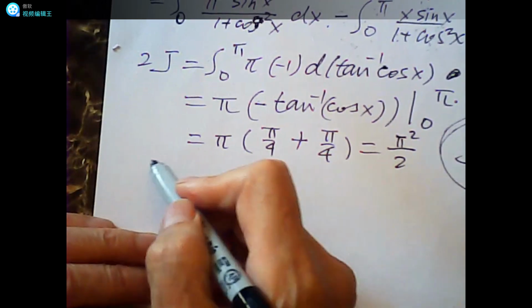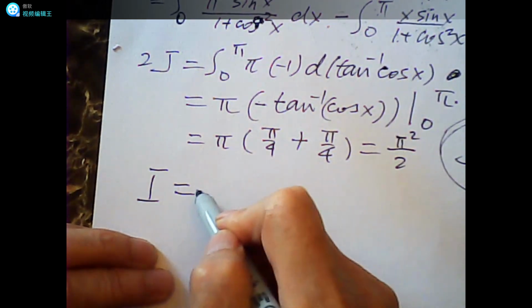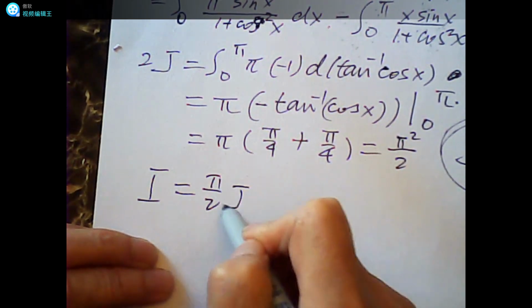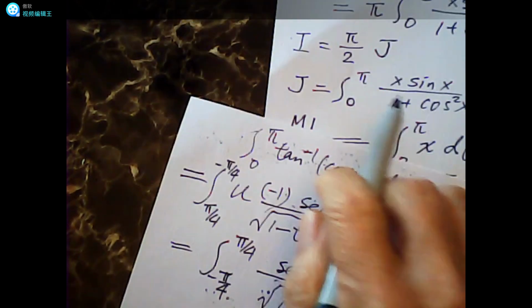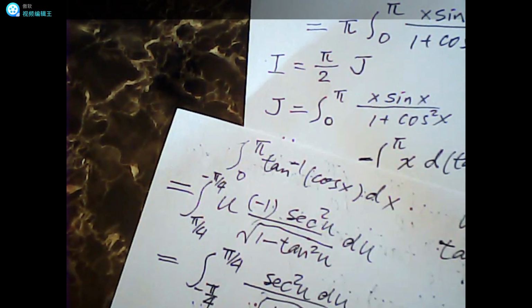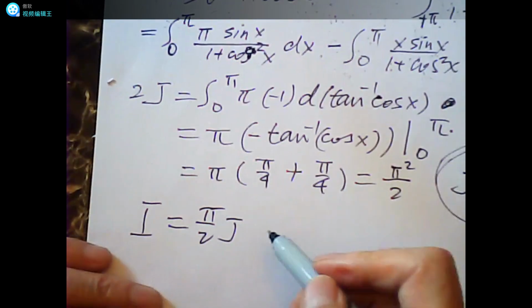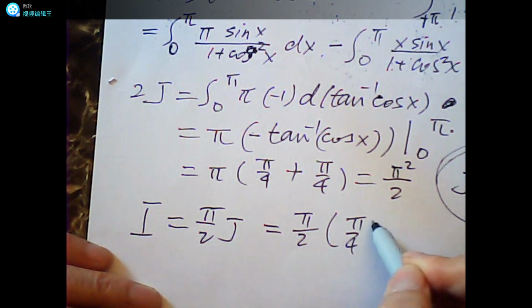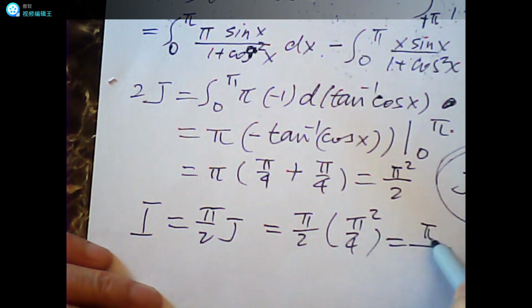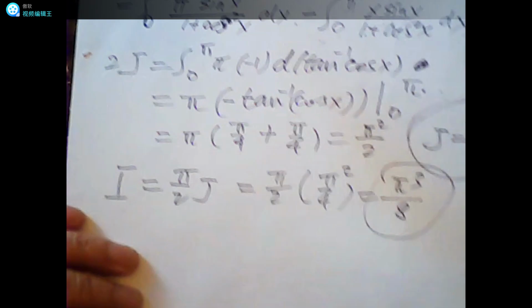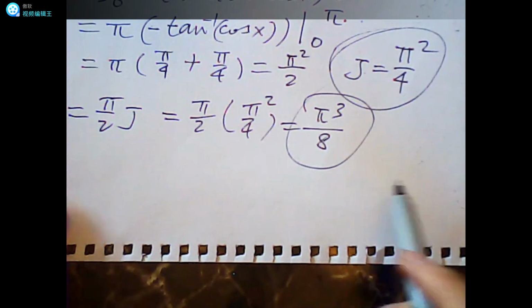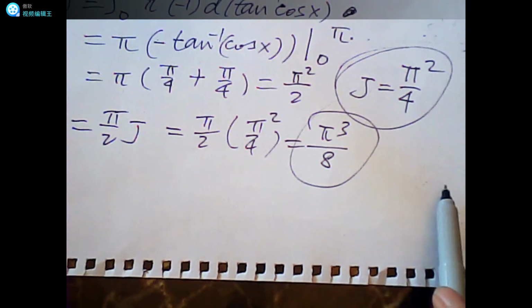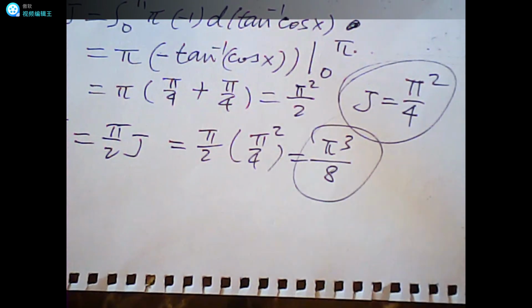Then I put it in I again. I is equal to half pi times J. See? So this is equal to half pi times quarter pi square, equal to pi cubed over 8. The same result. See, that is the result done by the second method.